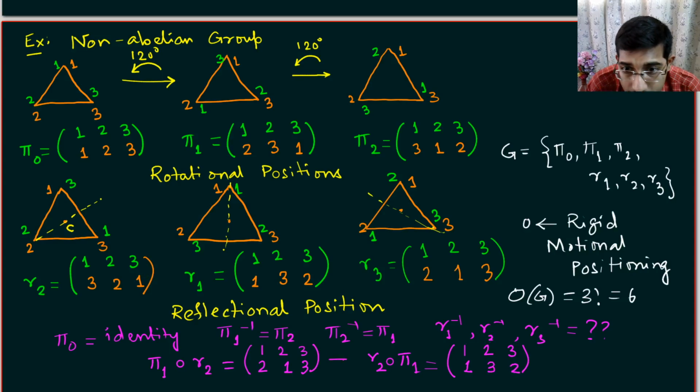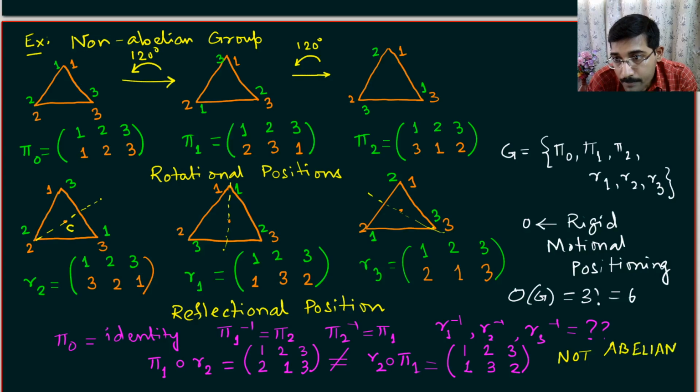Now see, these two are not equal, which means that what I found is this group is not abelian. But it is indeed a group because you have an identity, you have all possible inverses, and associativity rules apply.